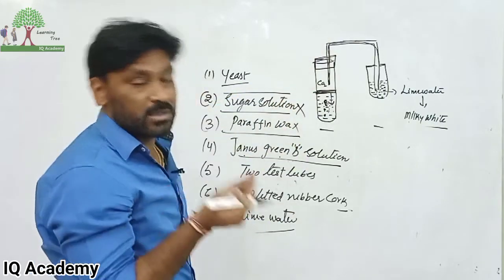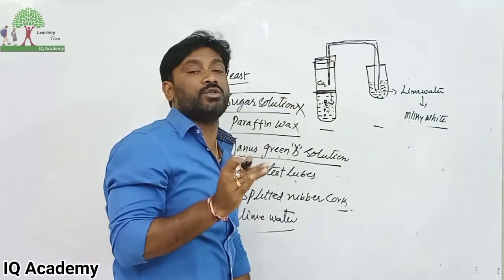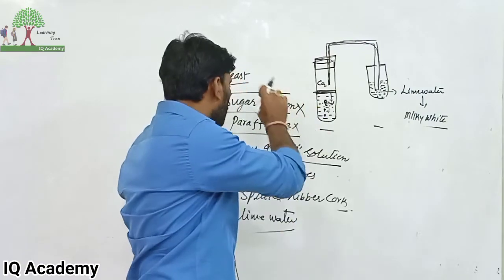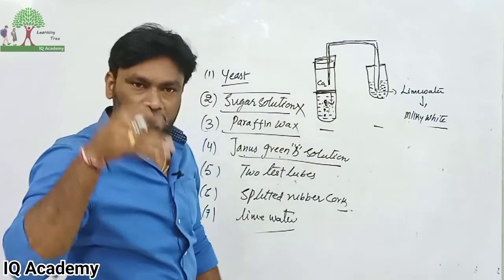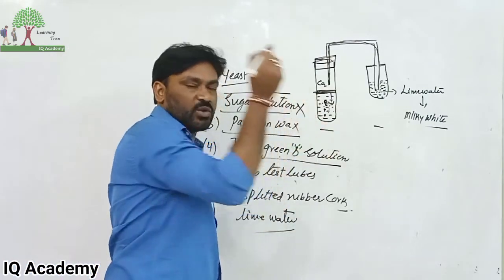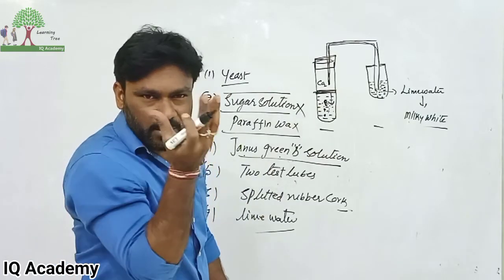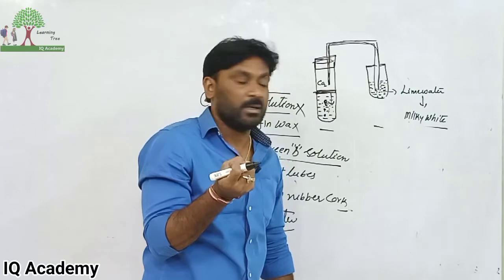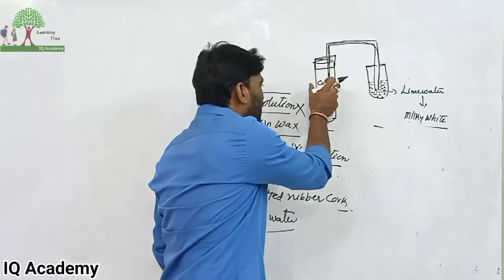Once again, some oxygen may be present in the sugar solution, though we kept it at room temperature. So in order to remove the dissolved oxygen in the sugar solution, we have to add Janus green B solution. This Janus green solution absorbs the oxygen present in the sugar solution. And now add the paraffin wax.